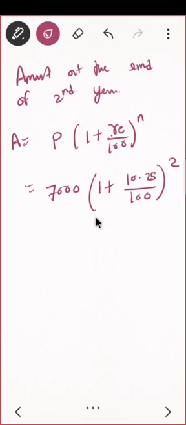Correct? So what will that be? 7,000. This will be 10.25, so it will be 1.1025, no, the whole square. This will be 0.1025 upon 100, so it will be 0 point something and 1 plus, then the whole square. Just multiply with 7,000. What do you get?